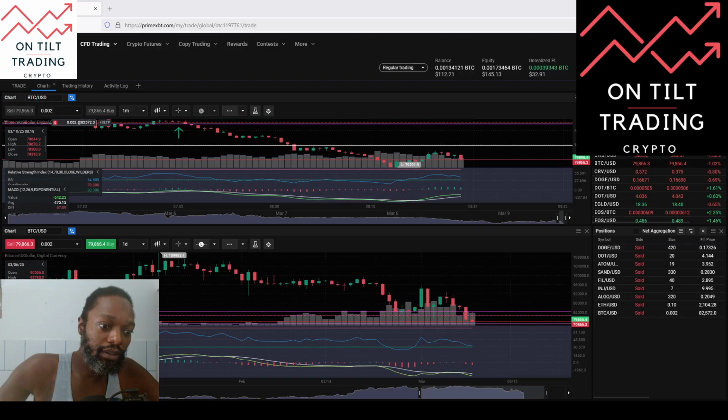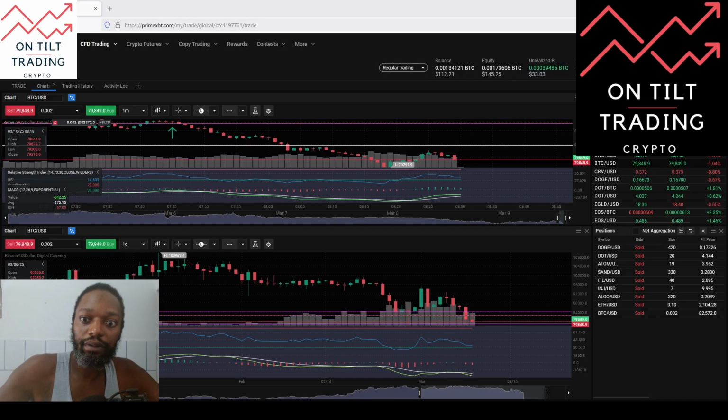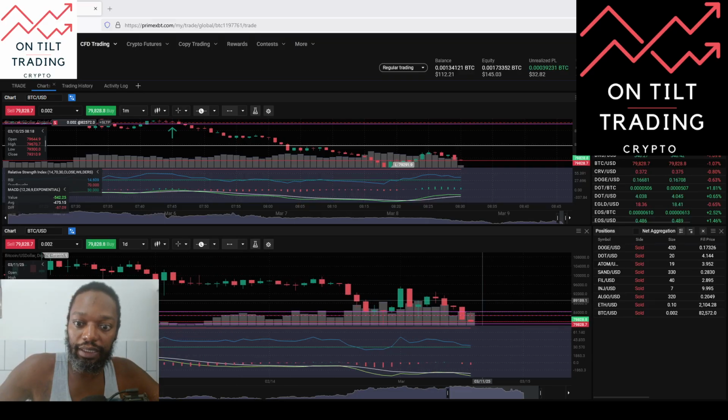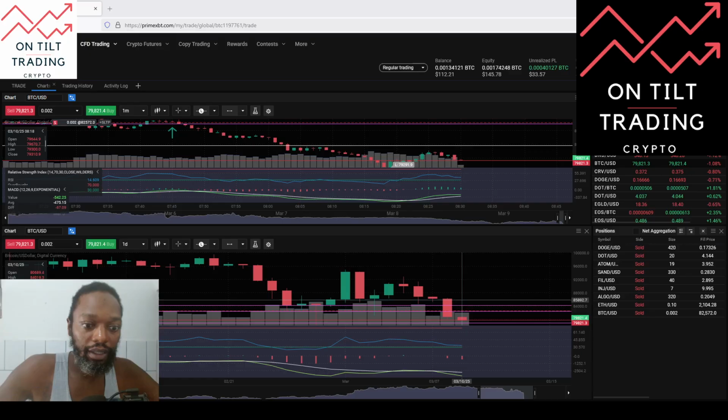So this is the RSI down here, and this is the daily chart. I'll run my mouse over the daily. So this is today. We can see the RSI is 33.